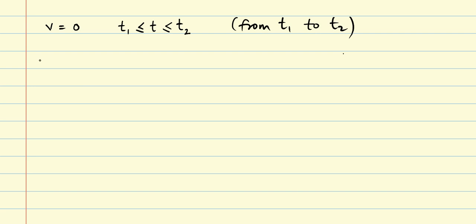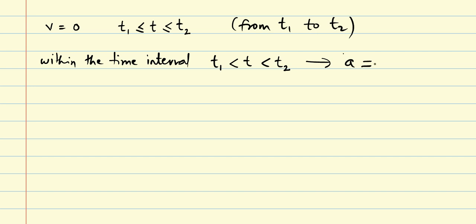Now since the question uses the words within the time interval, let's suppose it to mean the time interval defined by t1 less than t less than t2. So when t lies in between t1 and t2, the statement claims that the acceleration must be equal to 0, and this is something which we have to ask ourselves, is it true or false?